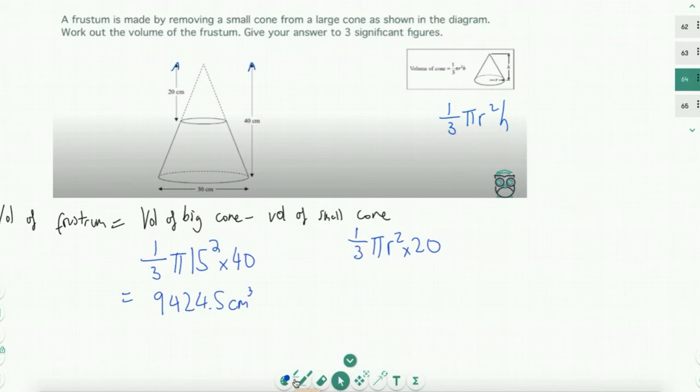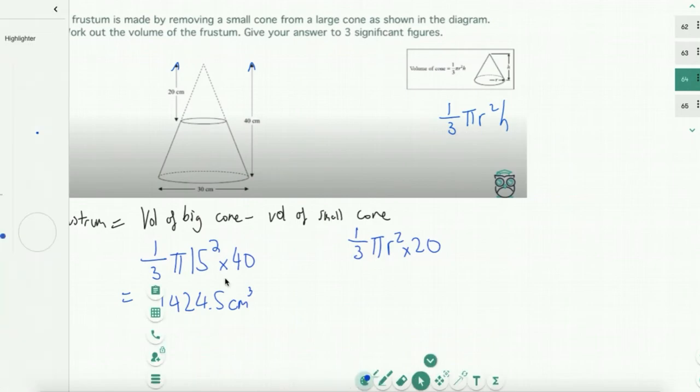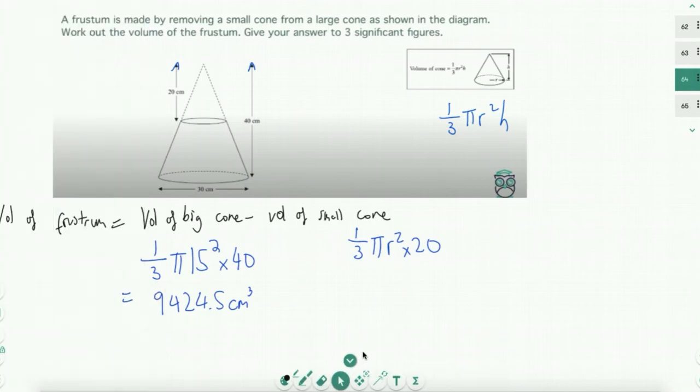Well, in the 3D shape here, I like to try and make it a bit more 2D. Are you able to spot any sort of 2D shape in this problem? How about this? We look at our big cone. Our big cone can be split into a little triangle.